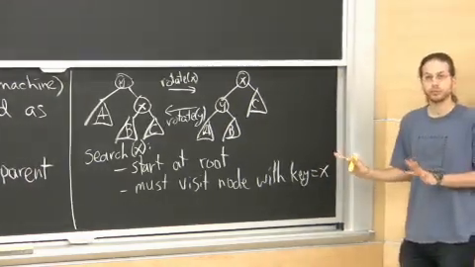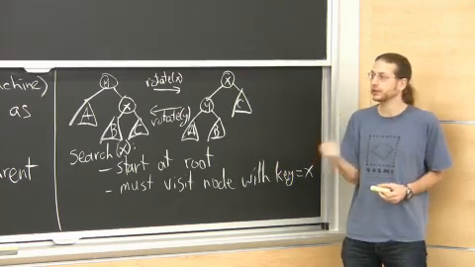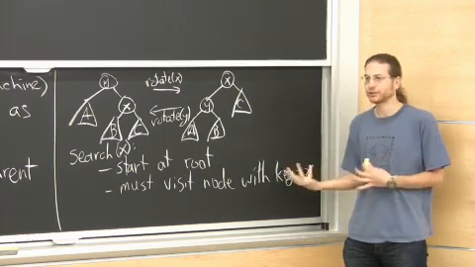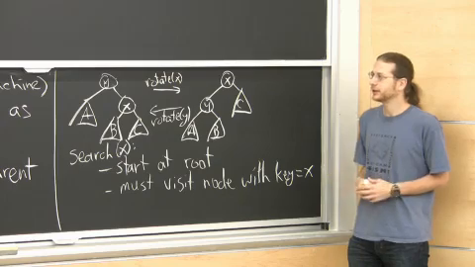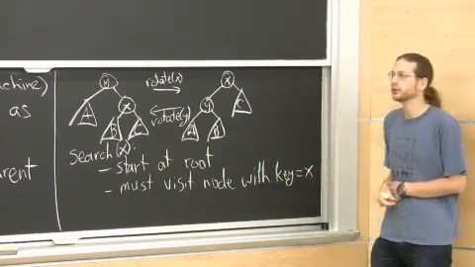And we're going to assume throughout these lectures that searches are always successful. You're only searching for keys that are in the tree. It doesn't make that much of a difference. If you're searching for keys that are not in the tree, think of it as searching for the predecessor or the successor. Not a big deal. And so for simplicity, we're just going to assume successful searches.